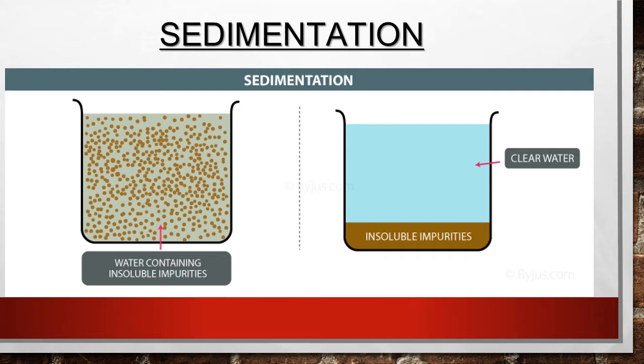Here first we will discuss sedimentation. As you can see in the picture, this method is used for separating insoluble substances. Water containing insoluble impurities, and this method is mostly used to separate insoluble substances that are heavier than water.